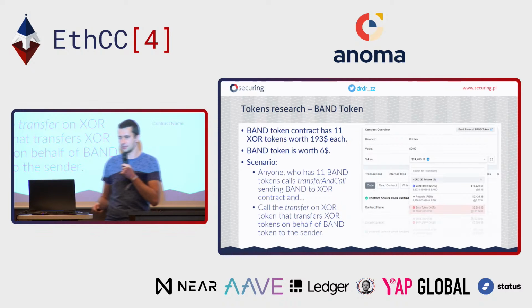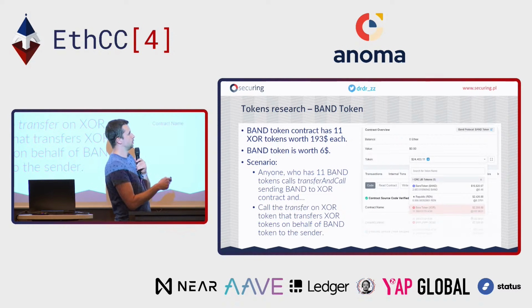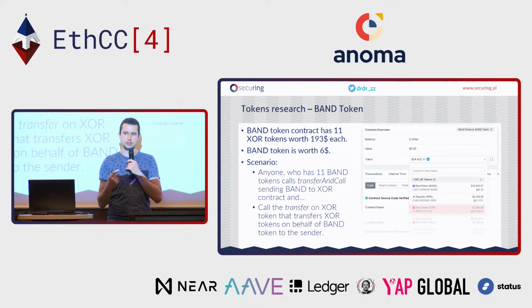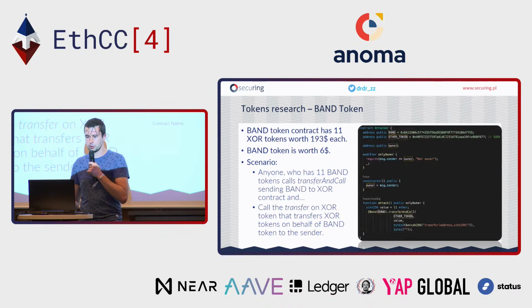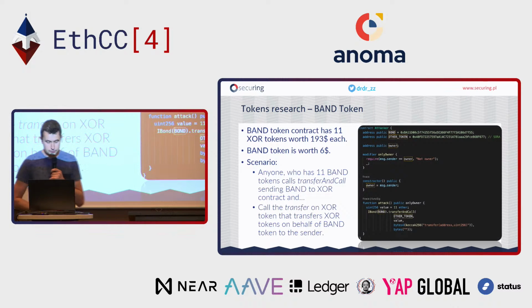Okay, so basically I lose 11 Band tokens because I send them to the Sora token contract, but Band token gives me back 11 Sora tokens, which are worth much more. That's the whole exploit for that. And actually, I didn't even call that, right?